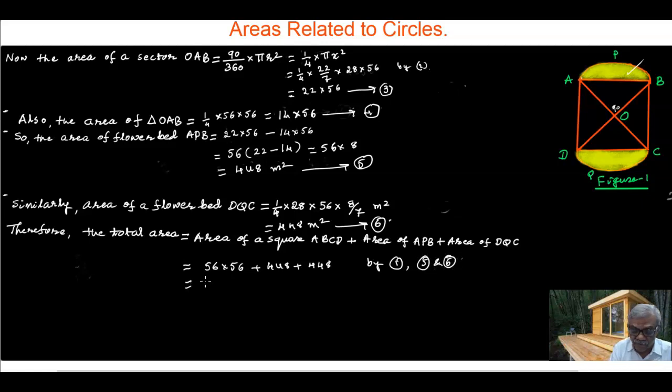That is 56 into 56 plus 2 into 448, which equals 3136 plus 896, that is 4032 square meters. That is the total area of the flower bed, including the square.